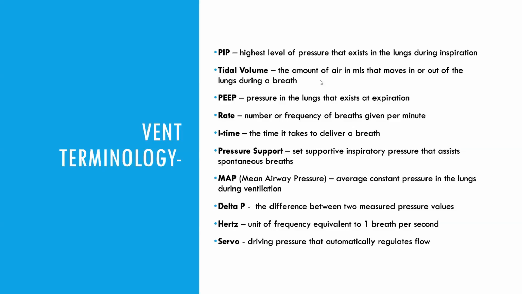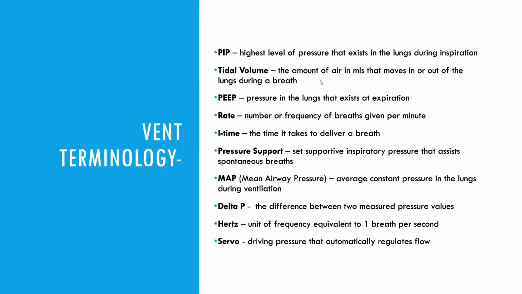Inspiratory time is the time it takes to deliver the inspiratory part of the breath. Pressure support is a supportive inspiratory pressure that assists the patient's spontaneous breaths only. I'm going to explain this in more detail, but pressure support is a setting that just assists the patient's spontaneous breaths, not the ventilator breaths.